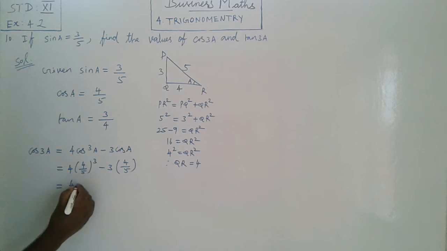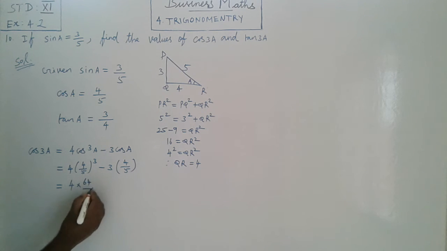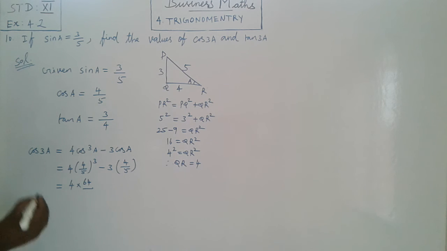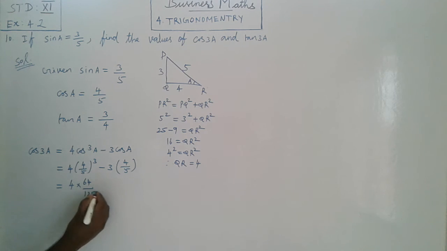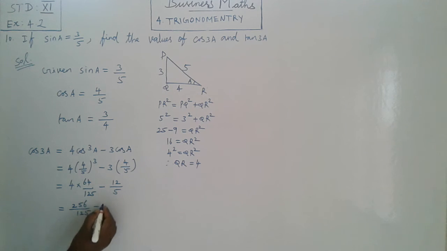Equal to 4 into 4 cube. 4 4s are 16, 16 into 4 is 64. Divided by 5 cube, 5 5s are 25, 25 into 5 is 125. Minus 3 4s are 12, divided by 5. Now multiply 4 into 64, that is 256 divided by 125 minus 12 by 5. For taking LCM, we should multiply numerator and denominator by 25, then we get 125.